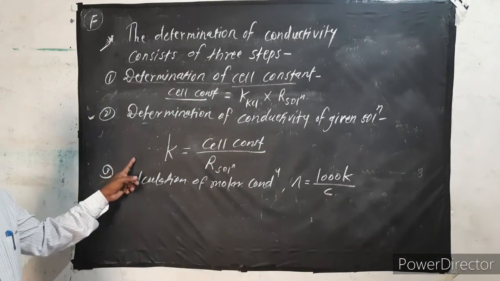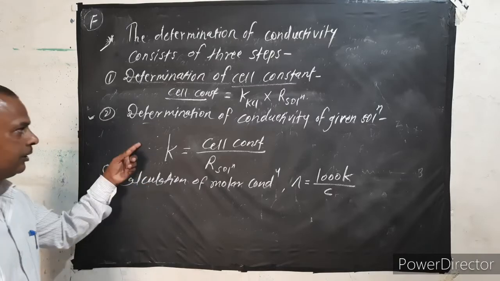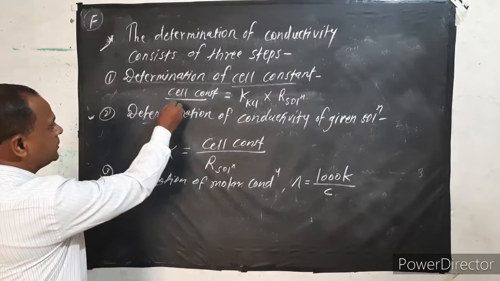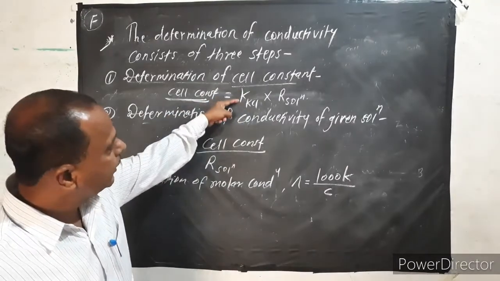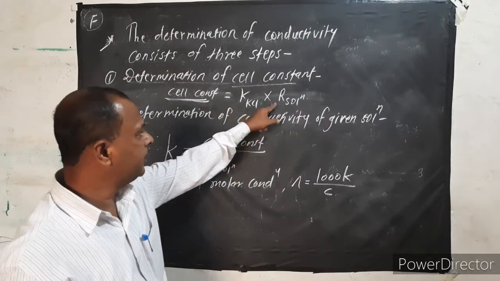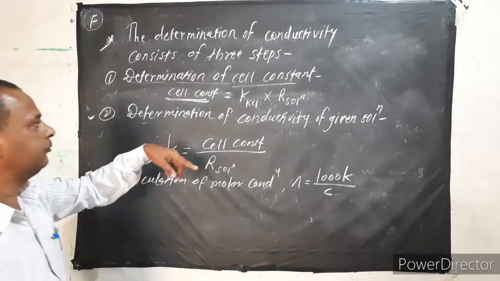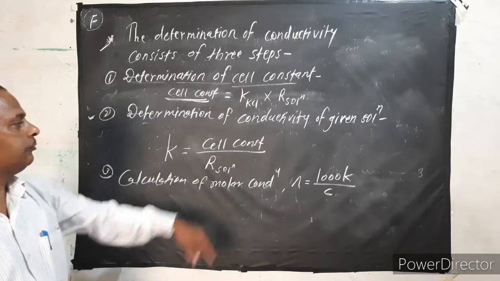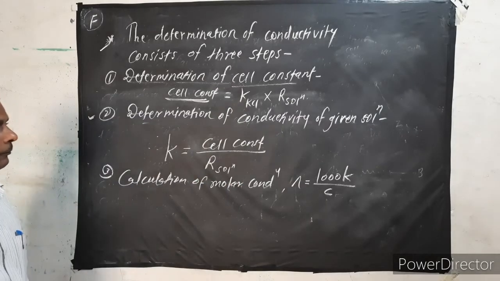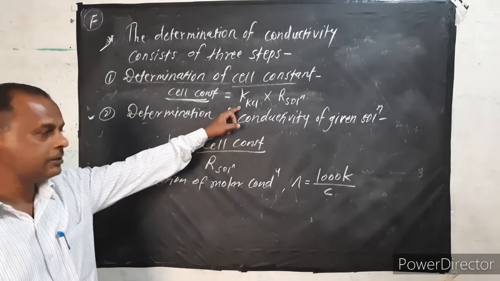In the first step, cell constant is equal to the conductivity of potassium chloride solution times the resistance of that solution. Here the conductivity of potassium chloride solution is known, at various temperatures.